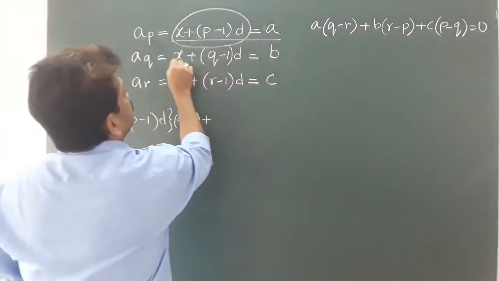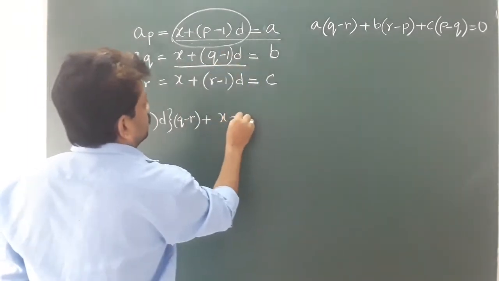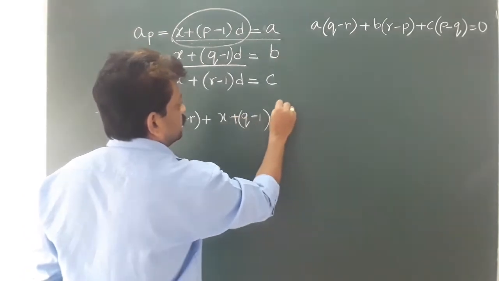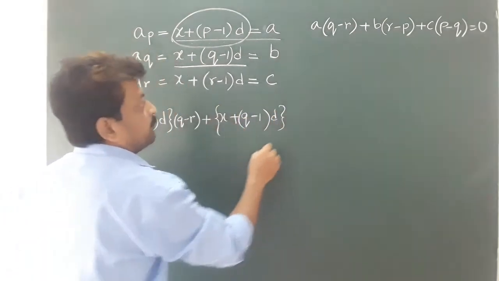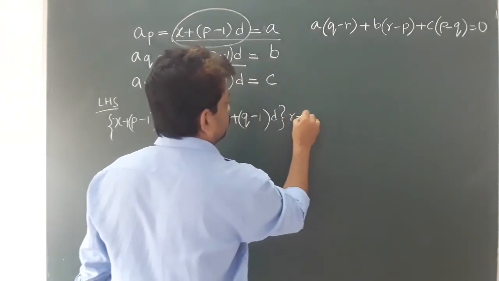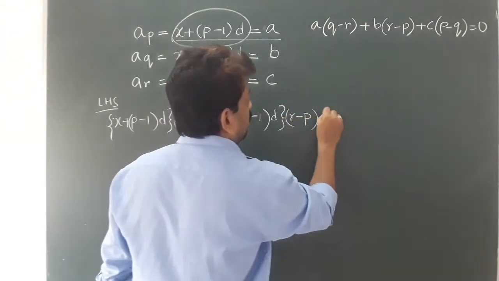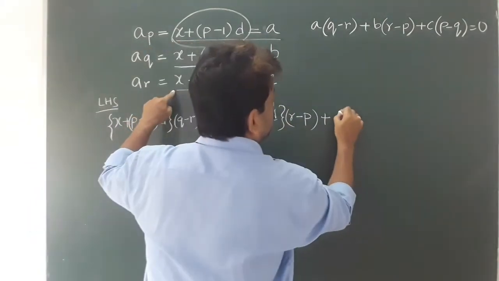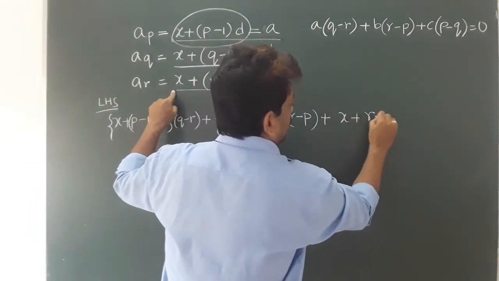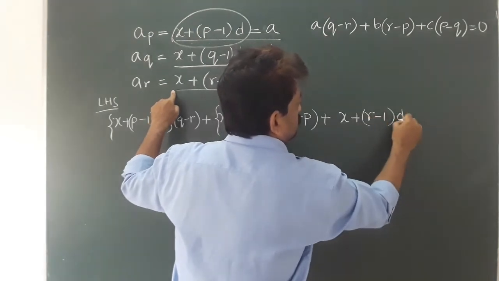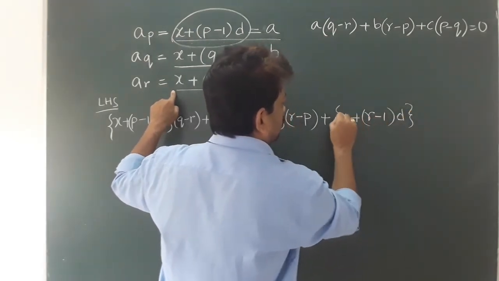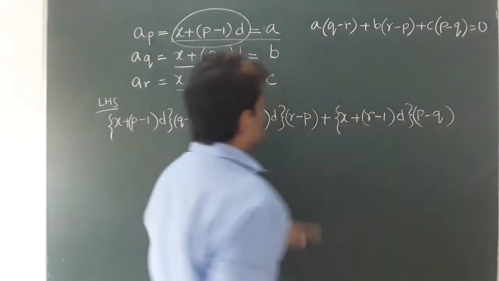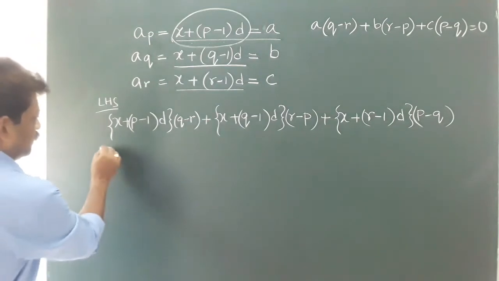The value of b is x plus (q minus 1)d multiplied with (r minus p), plus c. c means x plus (r minus 1)d multiplied with (p minus q). So this is the left hand side of the question.